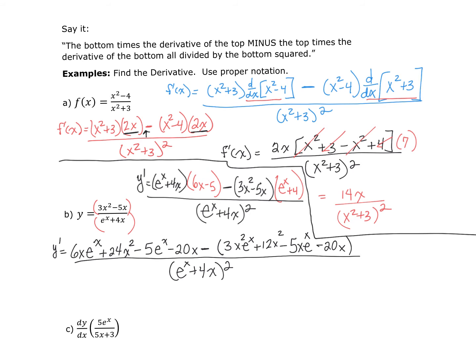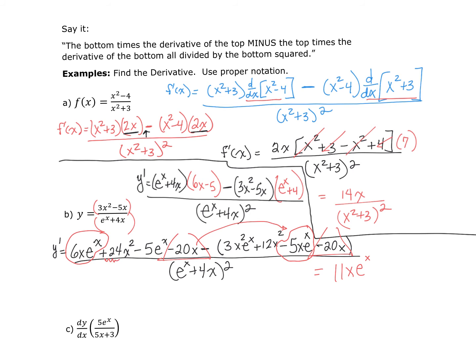And then I think that we can simplify this. This is 6x e to the x. When I distribute this negative, I get plus 5x e to the x. So I get 11x e to the x. How about this? Minus 20x. And then when I distribute, this becomes plus 20x, so that adds to 0.